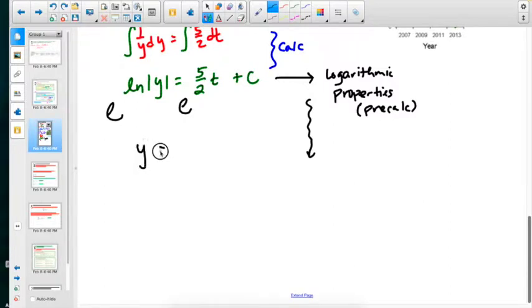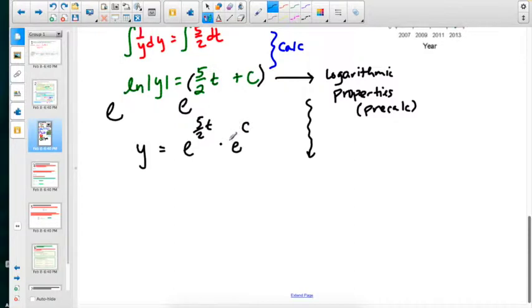that's the exponential identity of 1, so we just have the value y here. And then this is all now up in the exponent. So your law of exponents says that if I have exponents up here, that's really the same as saying e to the 5/2 t times e to the c.